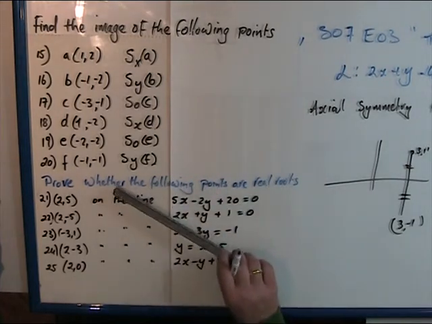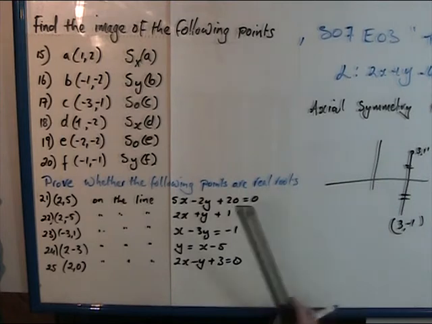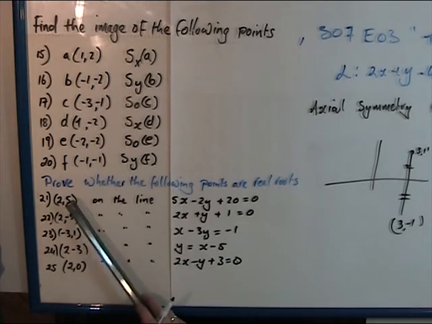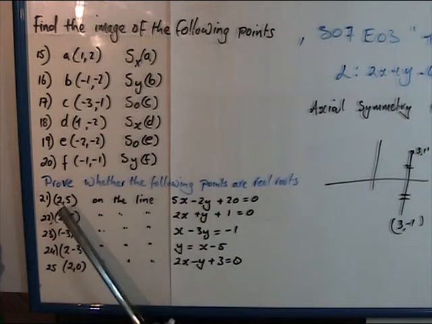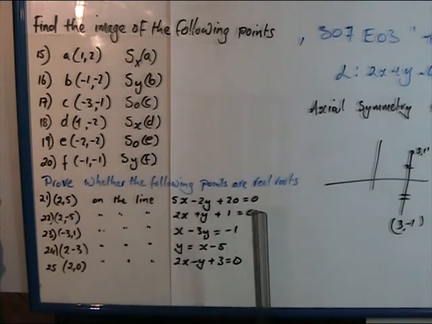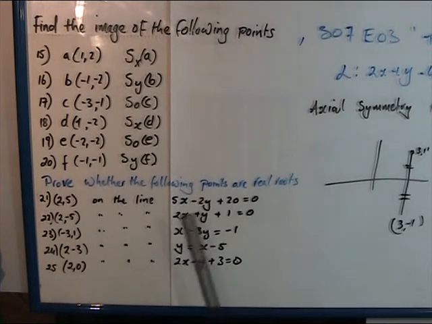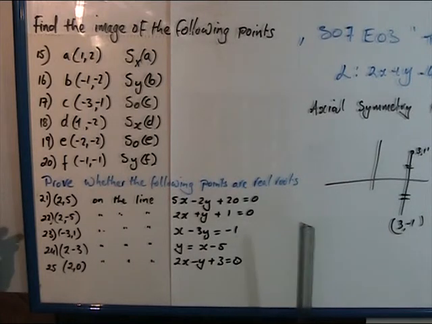Now prove whether the following points are on the lines. In other words, (2, 5) is on the line 5x minus 2y plus 20 is equal to 0. 2 in for x, 5 in for y. If they all equal 0, bingo, it's on the line. And this one is equal to minus 1, just trying to throw you off here, no problems. If they add up to equal minus 1, then they're on the line, or you can bring minus 1 across and make it equal to 0, and if it all equals 0, that's fine.